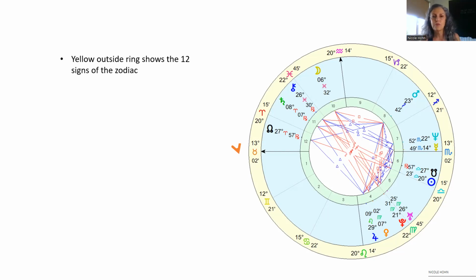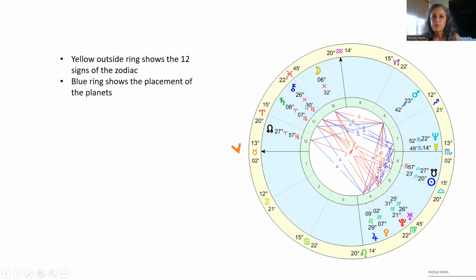And the reason will be because your chart is completely different. So your sun sign or your star sign, as you might know it, is really only 1/12 of what makes up your energy in your natal chart. So they're held around the outside of the ring.